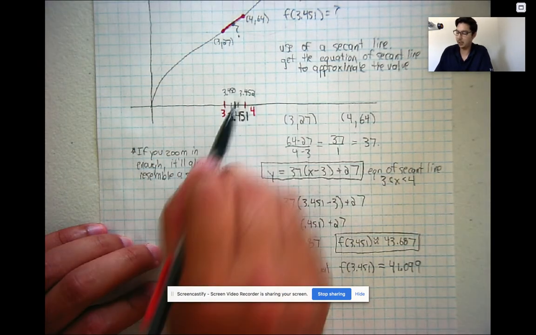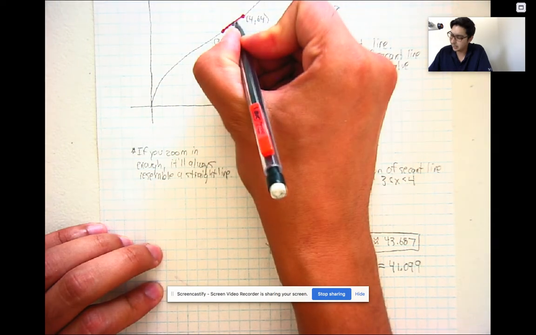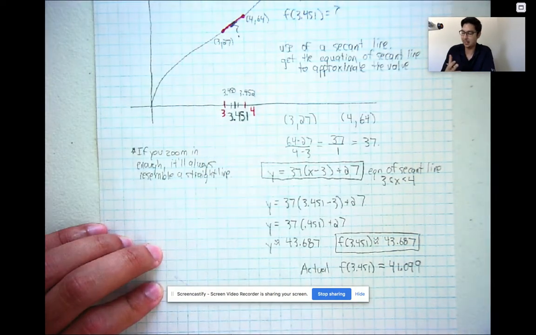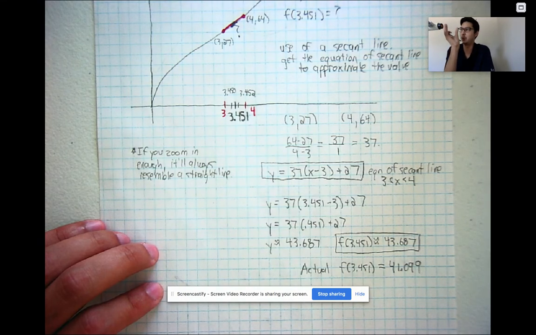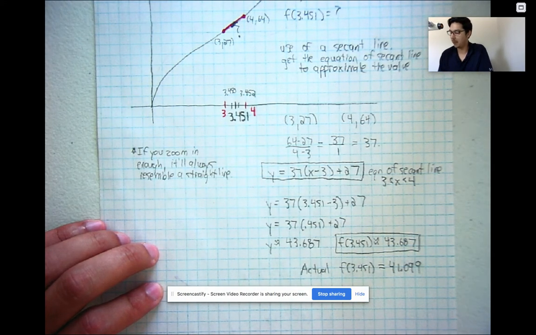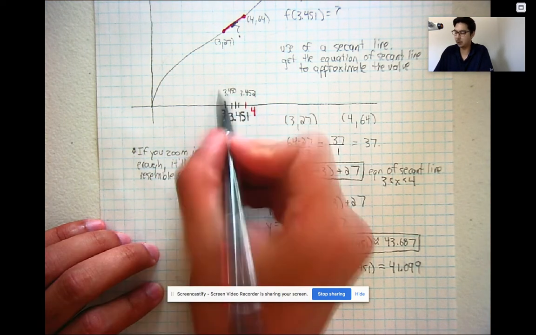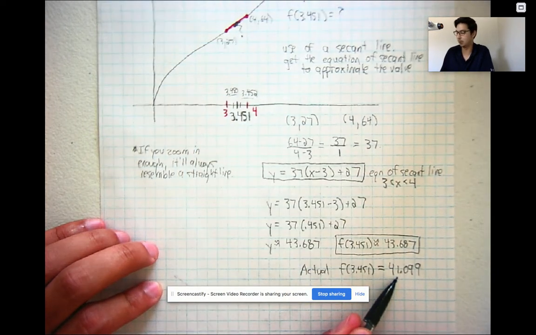If we look at numbers only 1,000th away from 3.451, and we made a secant line there, is that line going to be closer to the actual line that's happening at 3.451? Well, yeah, of course. So that secant line, if we reduce that plus or minus change that we're looking at, we're going to get closer and closer to the value. So if I were to use those values, it probably would have been pretty close to 41.099.